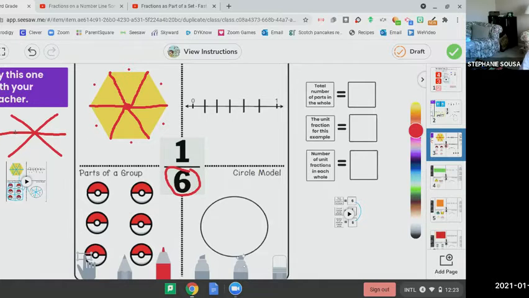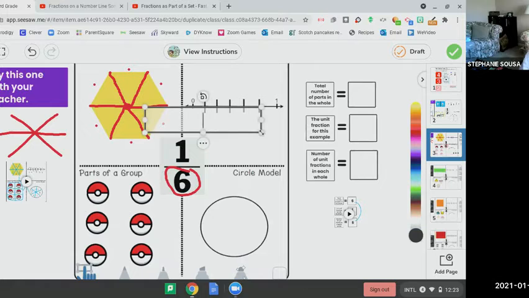Okay. We are supposed to label each of these as a unit fraction. So go ahead and grab your labeling tool, open a text box, and I'm going to show you a real quick cheat way to get this done. Type a 1. And then type a slash sign.